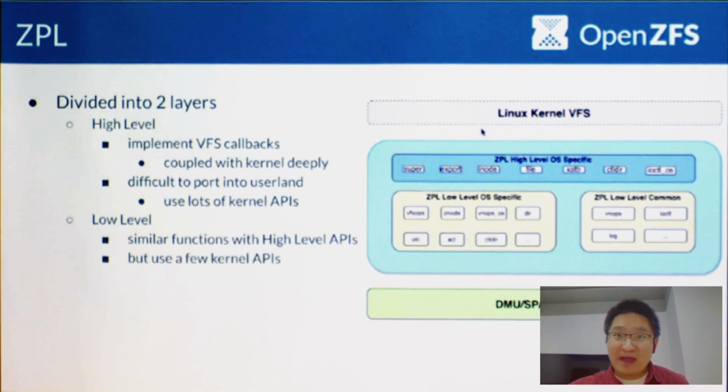So the main work of porting ZPL into Userland is to replace the kernel APIs with Userland APIs. Since we don't have a Userland VFS working similarly to the kernel VFS, there's no need to port the high-level layer. So our scope is just porting this low-level layer into Userland, which is the two yellow boxes in the diagram.